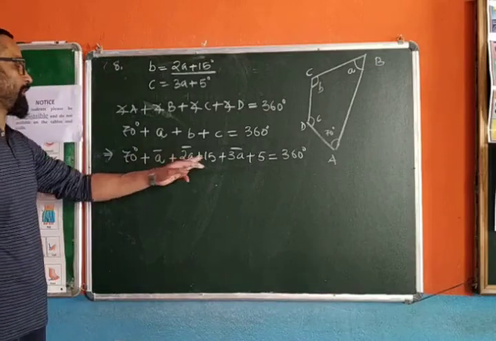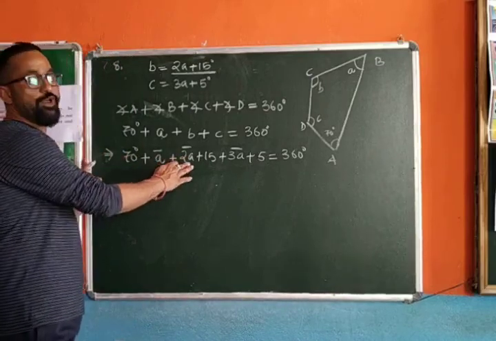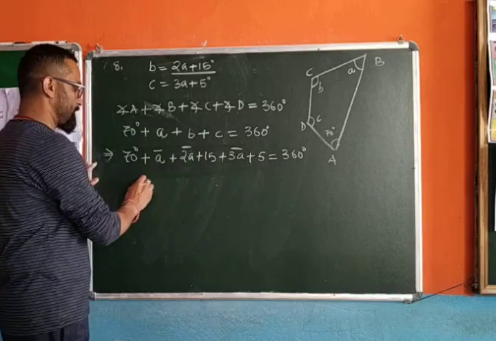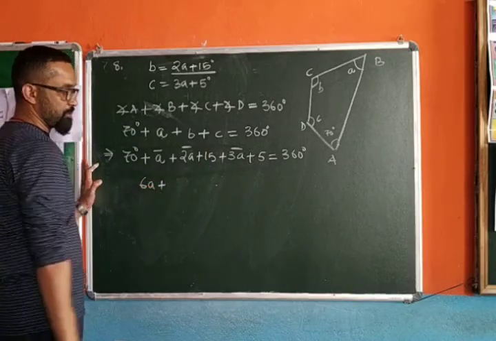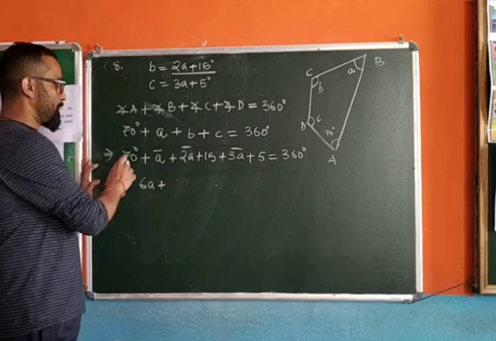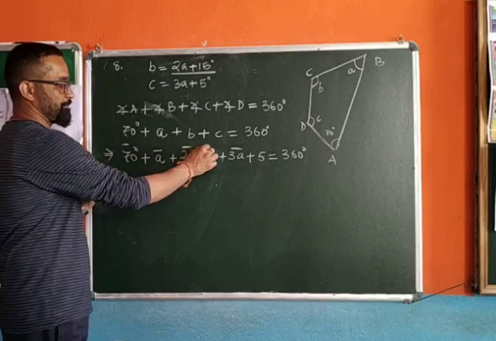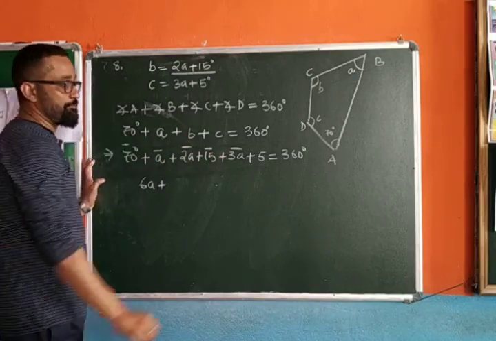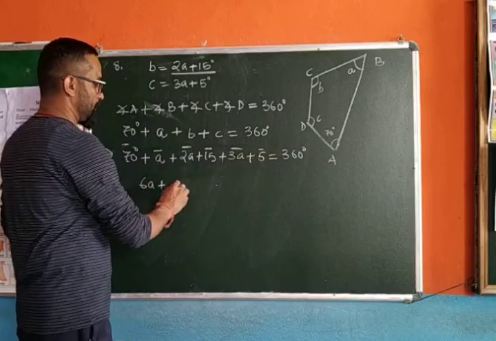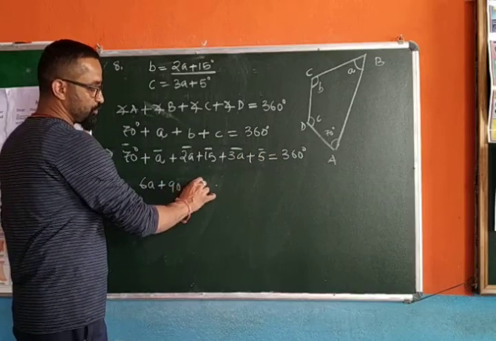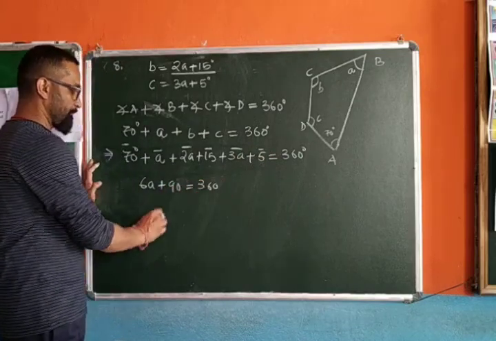Add these variables. A plus 2A is 3A, 3A plus 3A is 6A. Now add the numbers: 70 plus 15 is 85, plus 5 is 90, equal to 360 degrees.